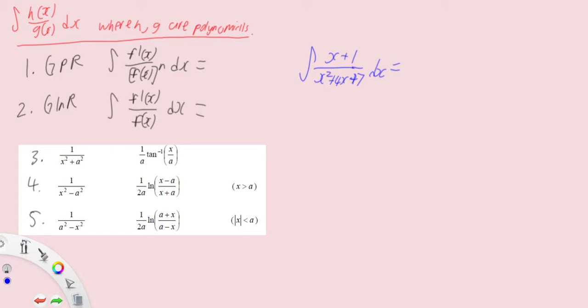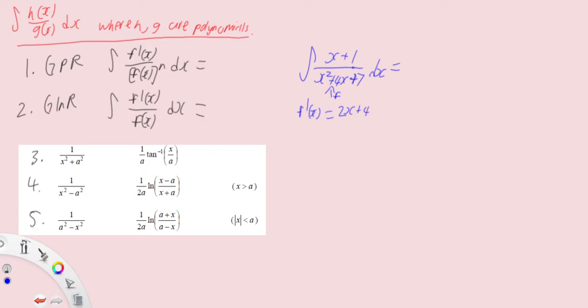What about the general ln rule? We notice that the numerator has a degree that is 1 less than the denominator. The denominator has degree 2, the numerator has degree 1. As such, we can use the general ln rule. Just that, if you notice, f(x) is x squared plus 4x plus 7, so f prime x would be 2x plus 4.